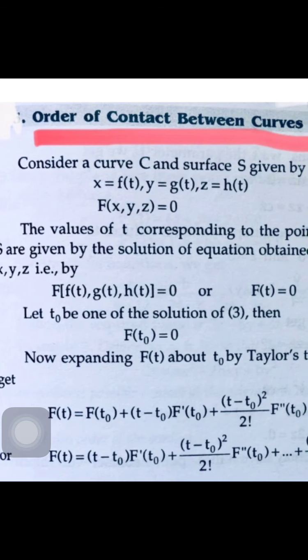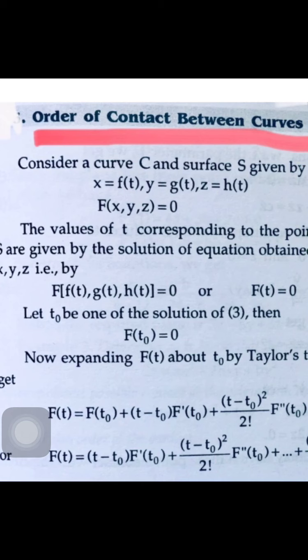Let t0 be one of the solutions of 3. As we saw in the earlier slide, all the n points tend to a point P. Here we say let t0 be one of the solutions, meaning all the points tend to t0, then it must satisfy F(t) equals 0. If t0 is the solution, then F(t0) equals 0.